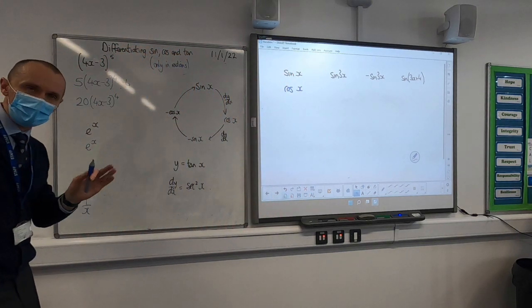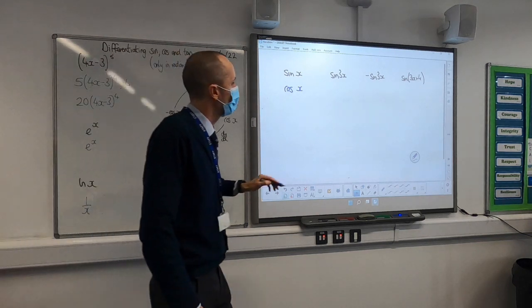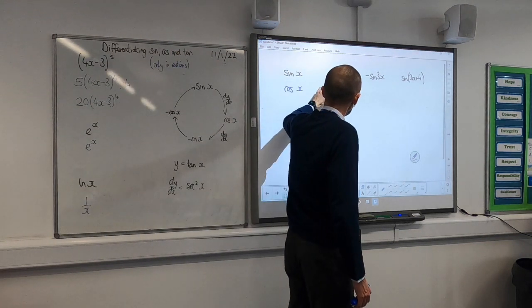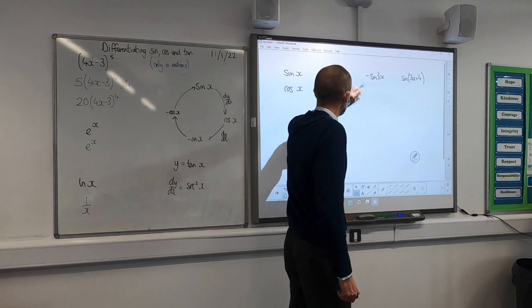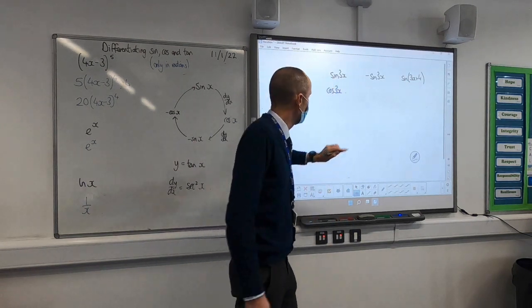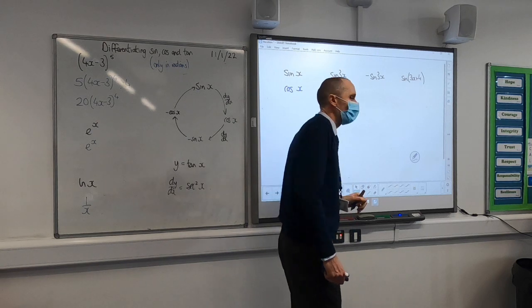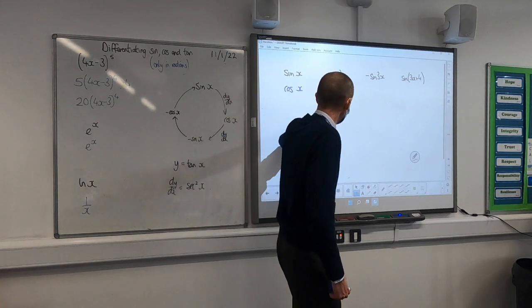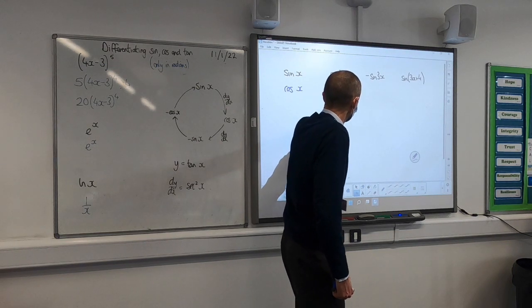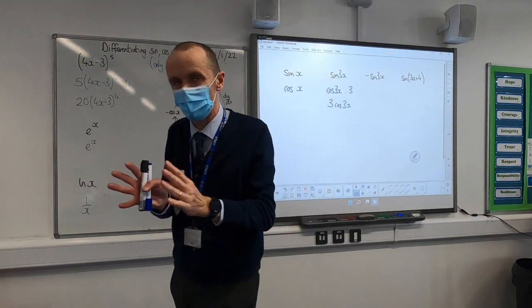And I use the chain rule to differentiate sin 3x. I say, okay, sin 3x becomes cos 3x multiplied by what you get when you differentiate that term, which is 3. Now that's not the cos of 9x, it's the cos of 3x times 3, so that's probably better written like this. The whole thing gets multiplied by 3.